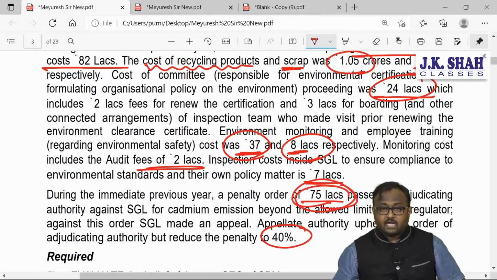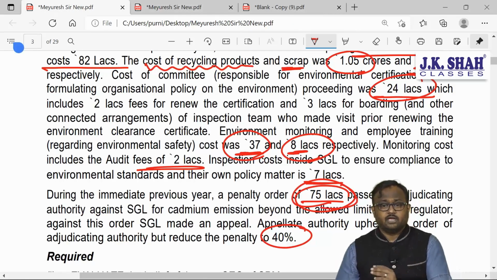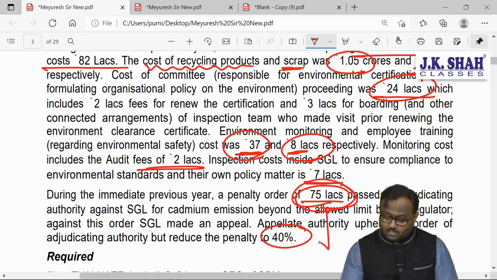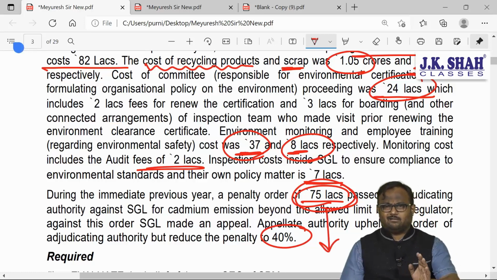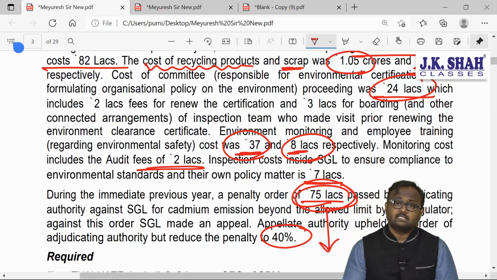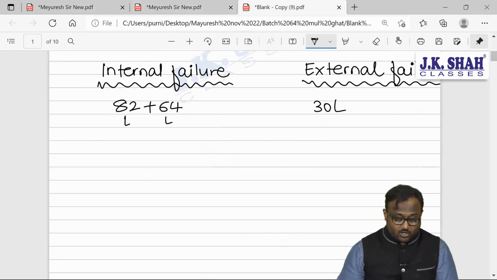It was 75 lakhs, we filed a suit, we appealed against the order given by the appellate authority and we lost the case, but the penalty was reduced to 40%. It's not 75 lakhs anymore, it is 40% of 75 lakhs, 30 lakhs. So guys, this is what I have currently.